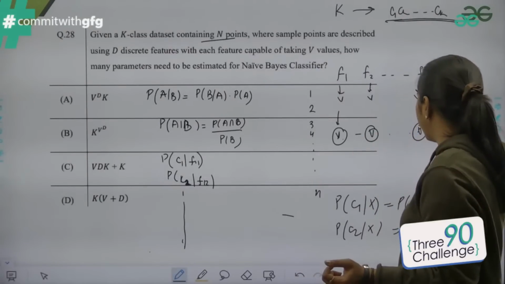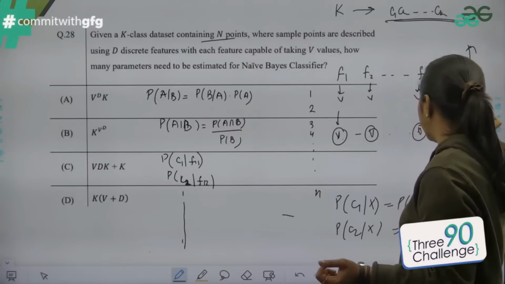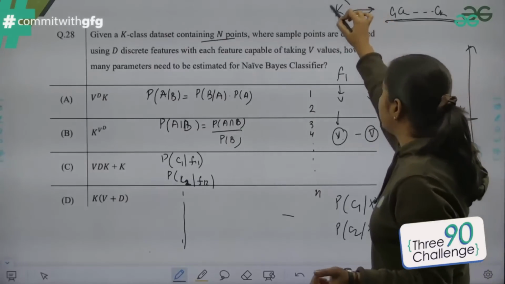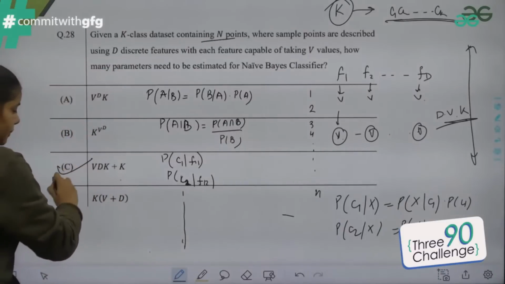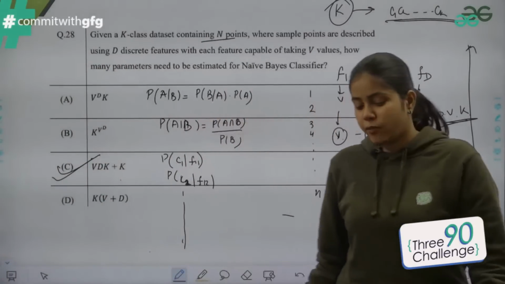In total this would become d times V, and I have to do this for each of the K classes. So d V K, plus K. So option D would be true, V d K plus K.